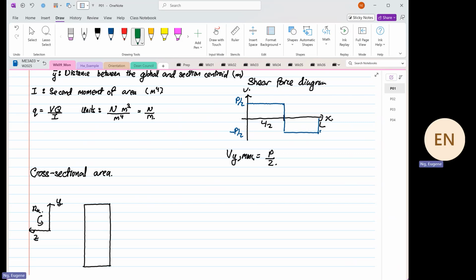And then from here, this is our centroid. Okay. And then we know that over here, this is our Vy, our shear force. So when we sketch Q, it looks like this.